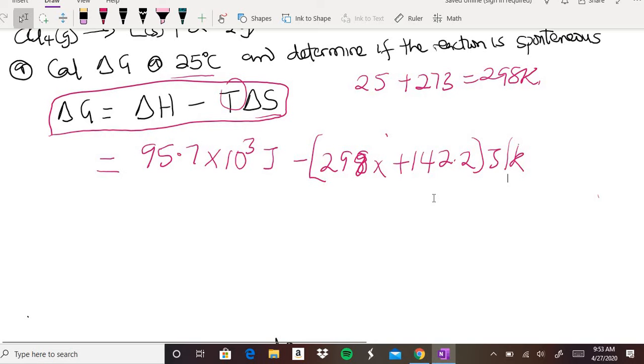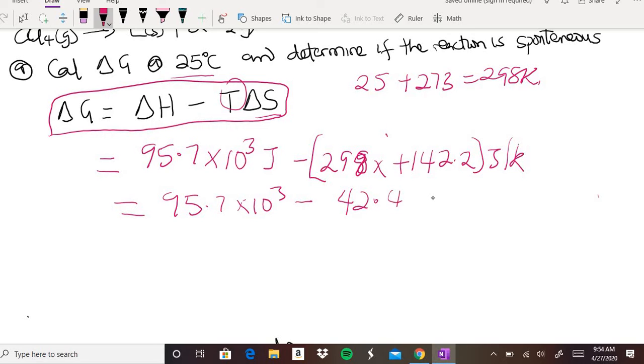So when we plug that into the calculator, it's going to give us 95.7 times 10 to the 3 minus 42.4 times 10 to the 3 joules. Alright.